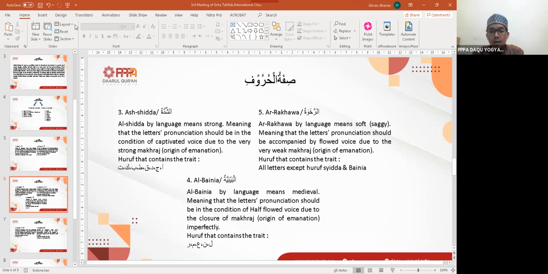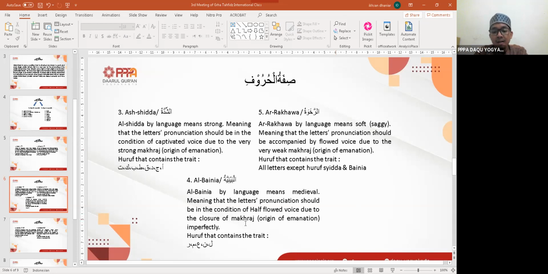In these three traits, as I told you before, the voice matters. So in shiddah, you need to captivate your voice, and in ar-rakhawah, you have to release your voice. You have to let your voice flow out of your mouth. And in bainiyah, it's halfway.